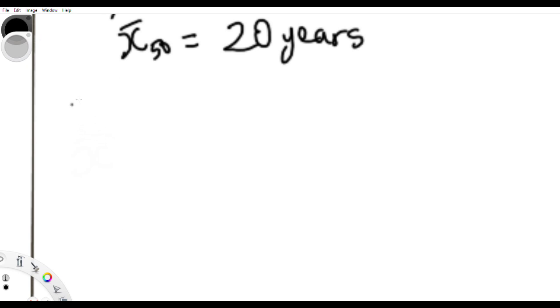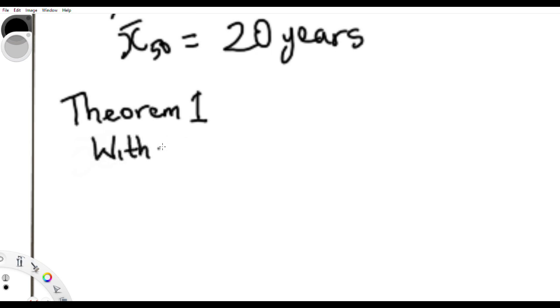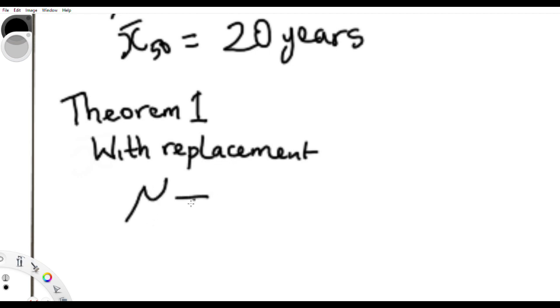So the first one, I gave theorem 1. I said if the samples are drawn with replacement, the population mean, which is mu, must be the same as the sample mean.